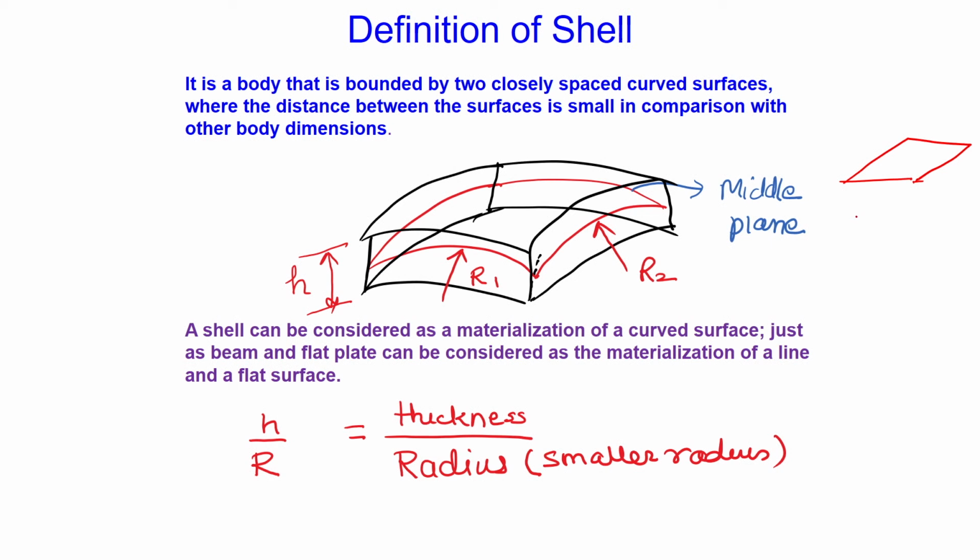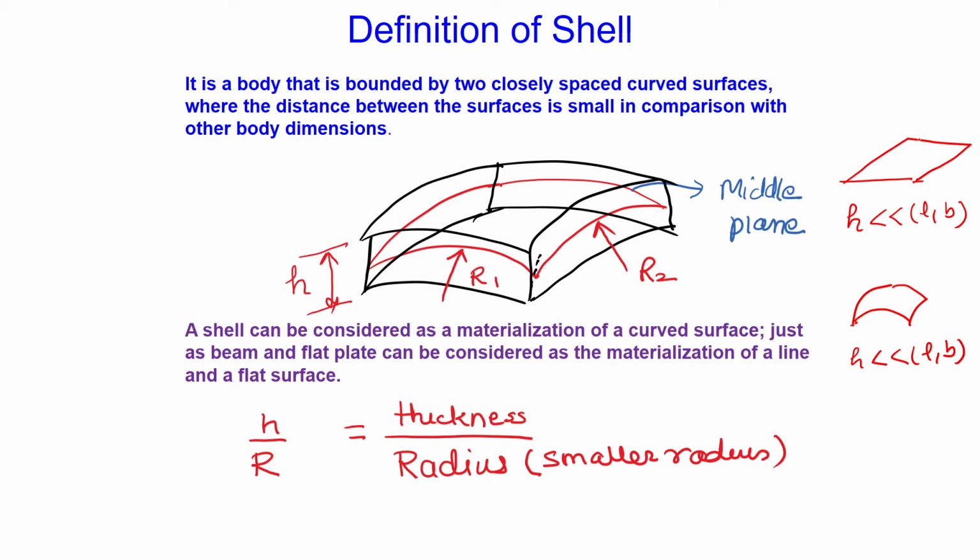Let us talk about a thin shell or thin plate, when thickness is very small compared to length and width. Same is true with the shell, that thickness is very small compared to length and width.